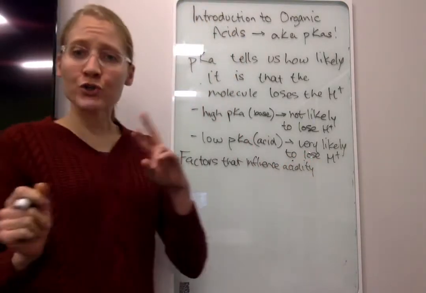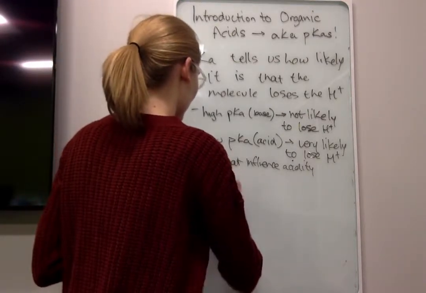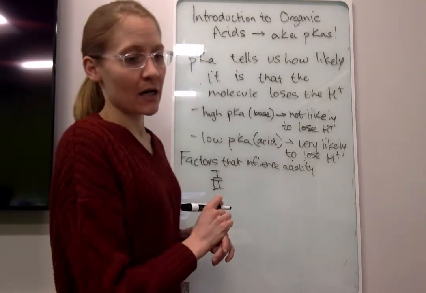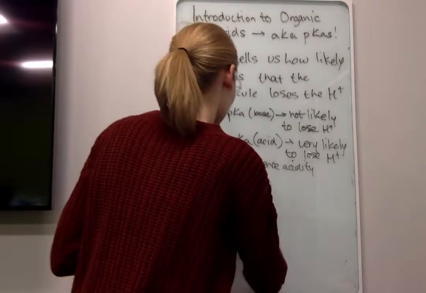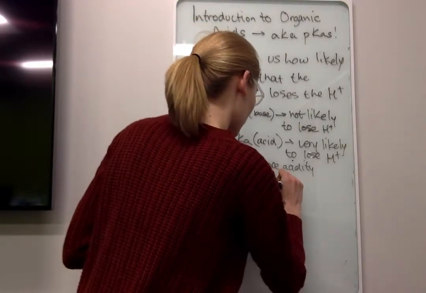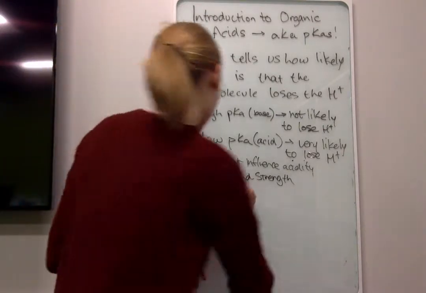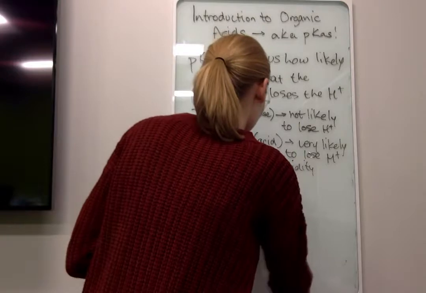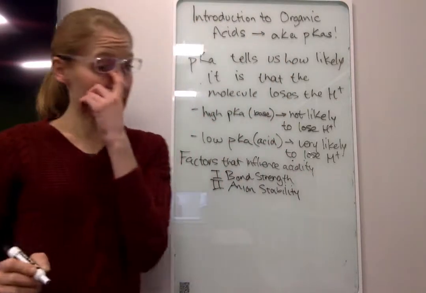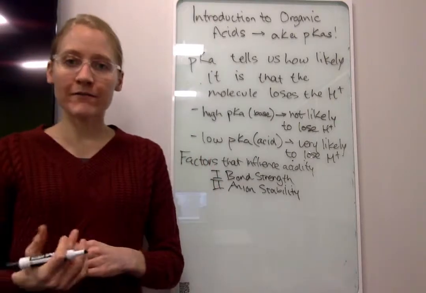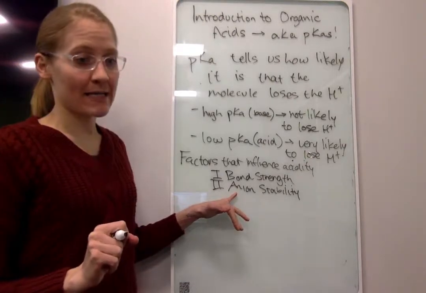And there are two major factors, and we'll call these Roman numerals 1 and 2. You're looking at bond strength, which kind of is what it is, and then anion stability. Within anion stability, there are a number of other factors that we study in organic chemistry that can influence the acidity.